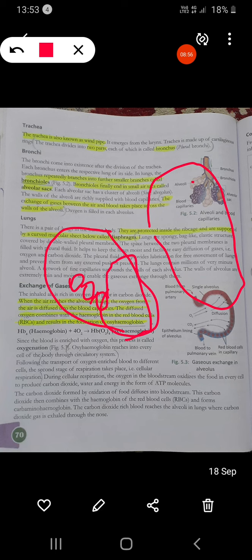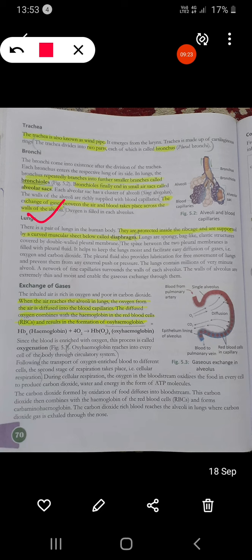Children, you can see the network-like structure, they are blood capillaries. So children, alveoli help in the diffusion of oxygen with our red blood cell, that is hemoglobin, and from that it makes oxyhemoglobin.